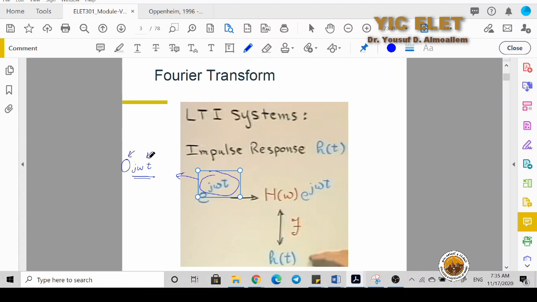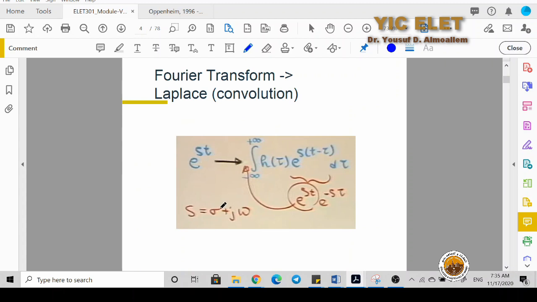This is imaginary, so we have to add some real part over here. And doing so, we will move to what we call the S variable. So the S variable is again j omega plus the sigma, which is here.